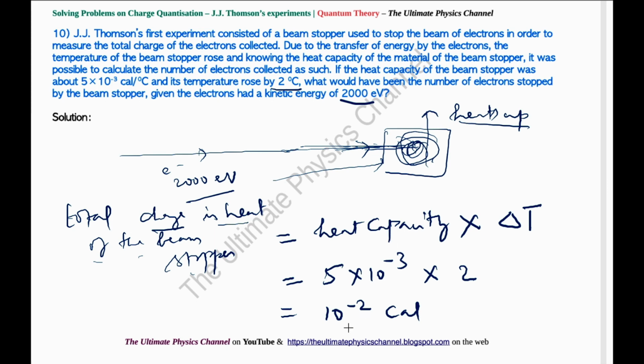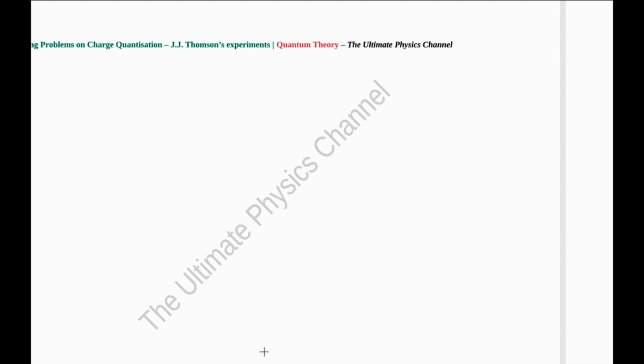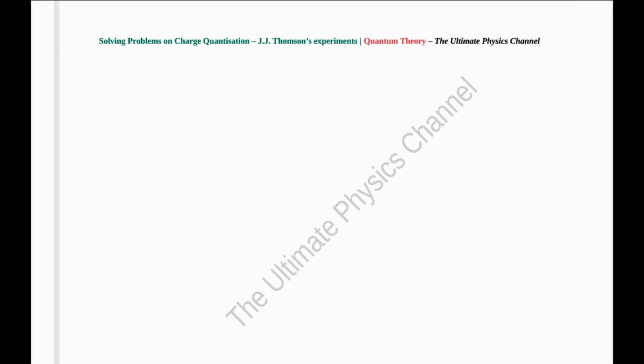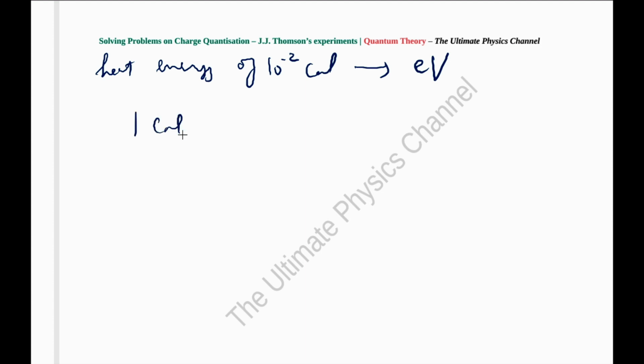Now we have been given the electron kinetic energy as 2000 eV, and therefore we can convert this heat energy of 10 power minus 2 calories to eV units. 1 calorie is equal to 2.613 times 10 power 19 eV.